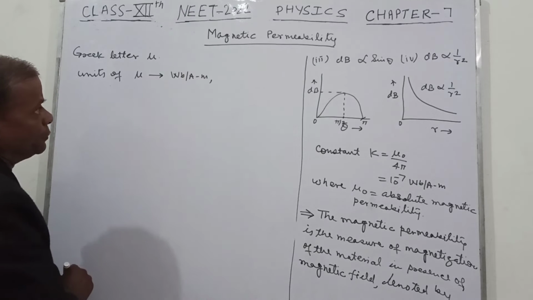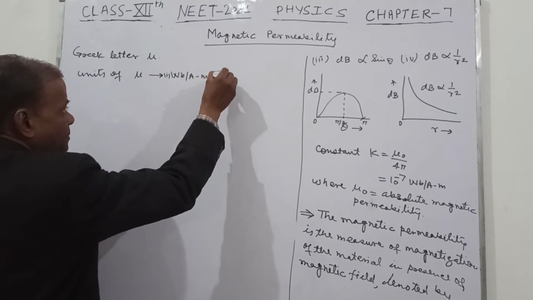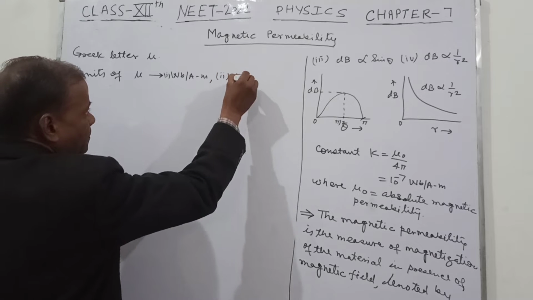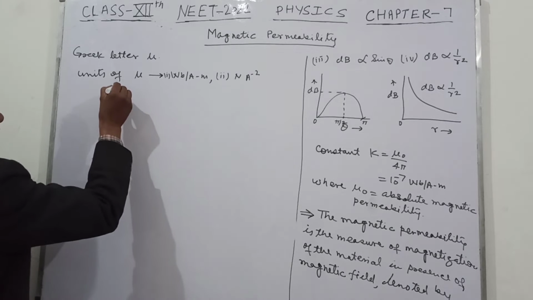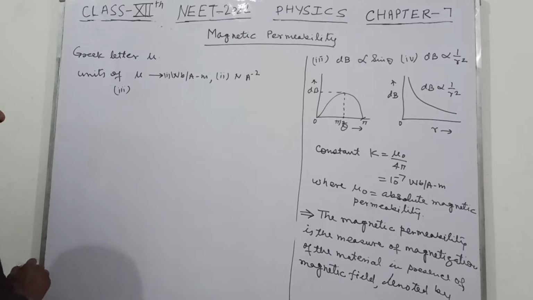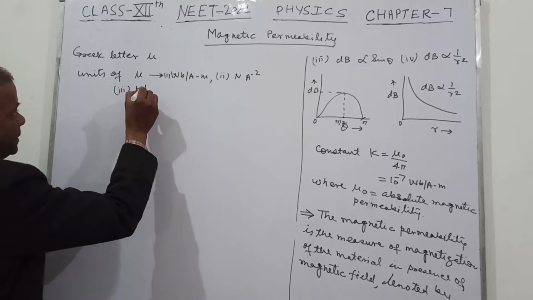This is one unit. Second unit is Newton per ampere square, and third unit is Henry per meter.